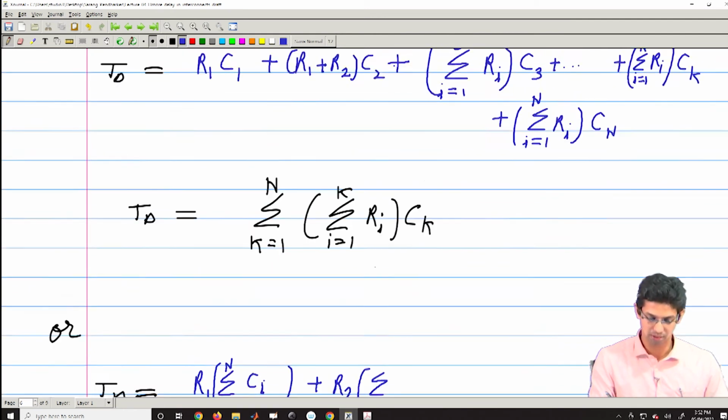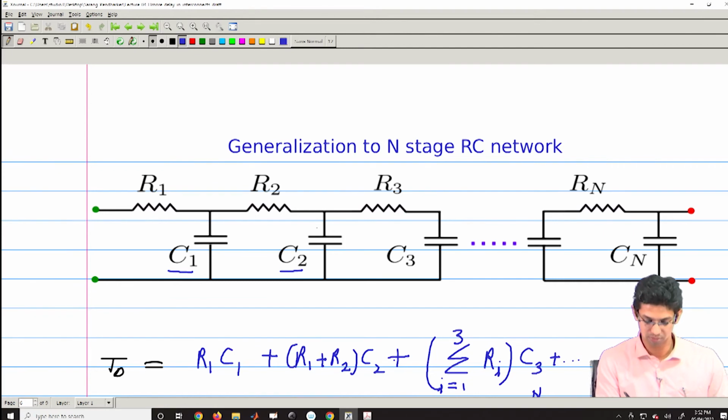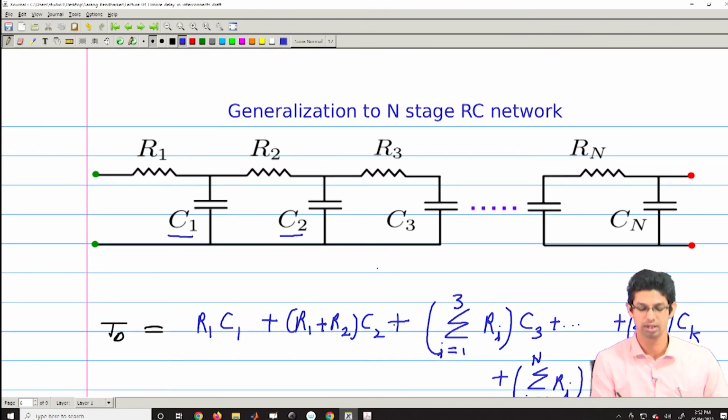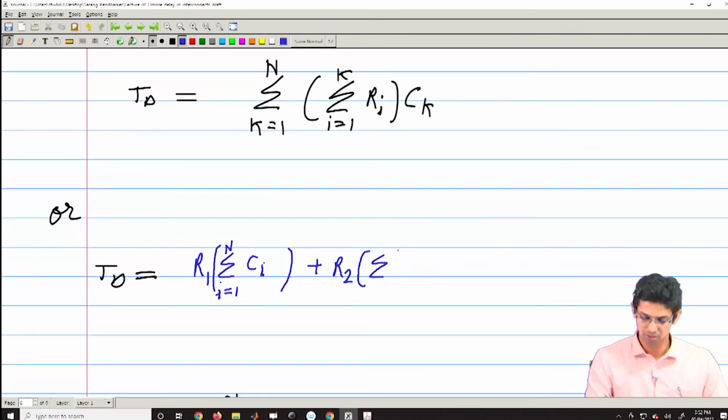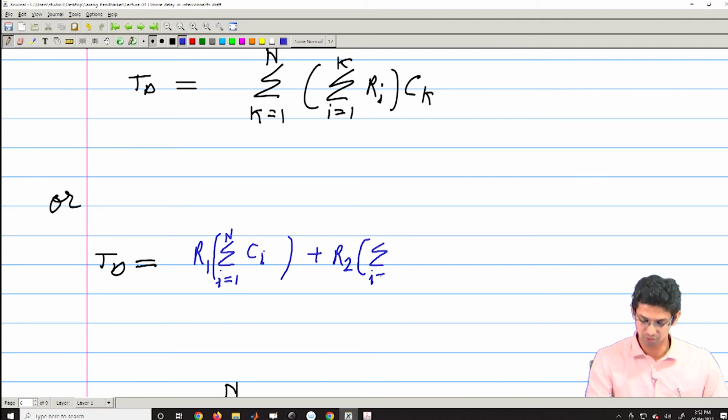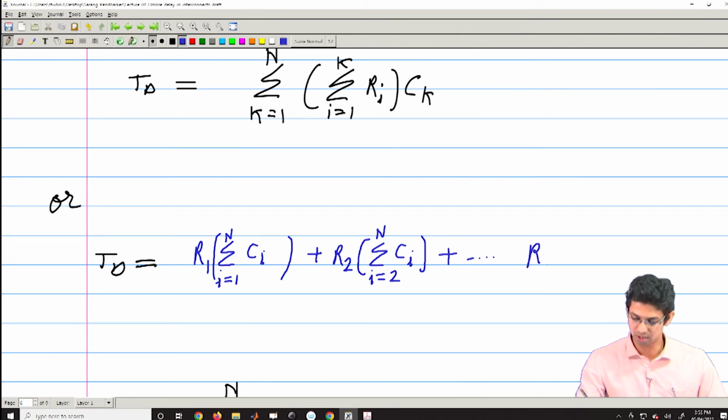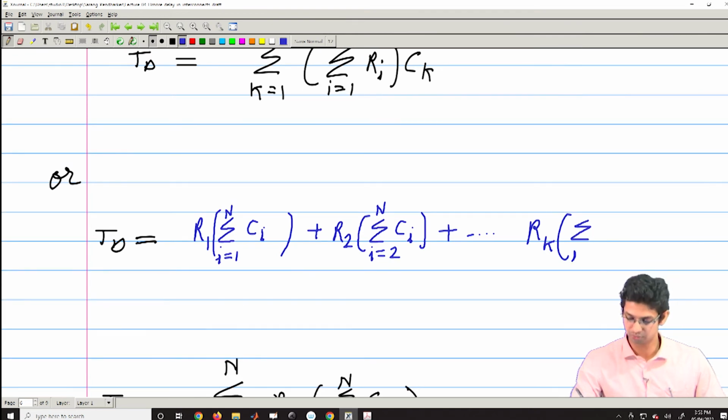Now, in the second resistor my first capacitance is not there. So, I only require the succeeding capacitances on my path. So, I will be having a summation i going from 2 to N of C_i, plus this can go on. So, for R_k I can write summation going from i equal to k to N of C_i, and then this goes on.